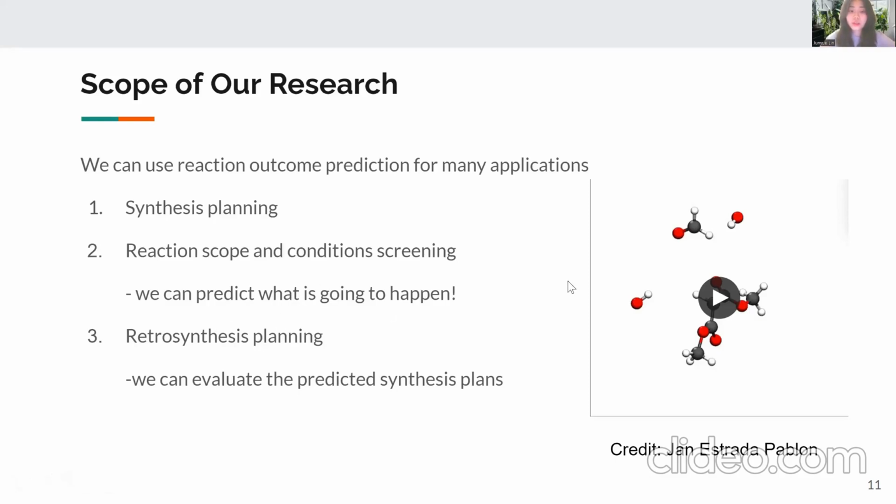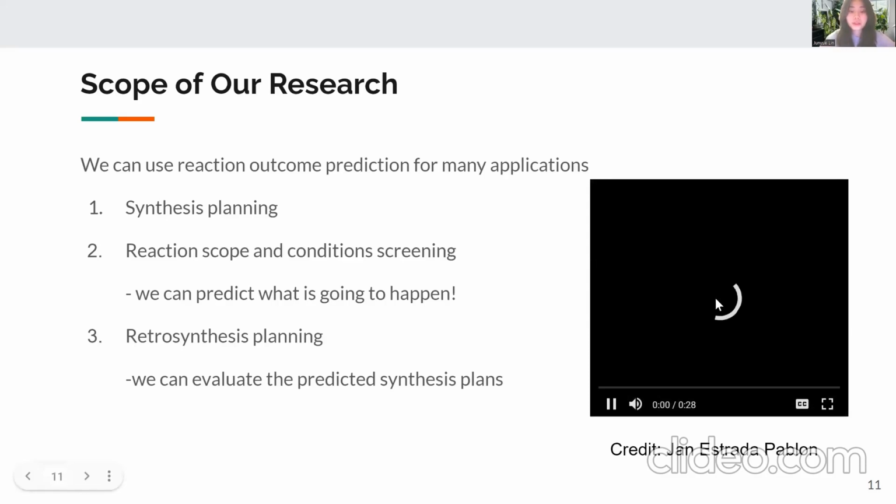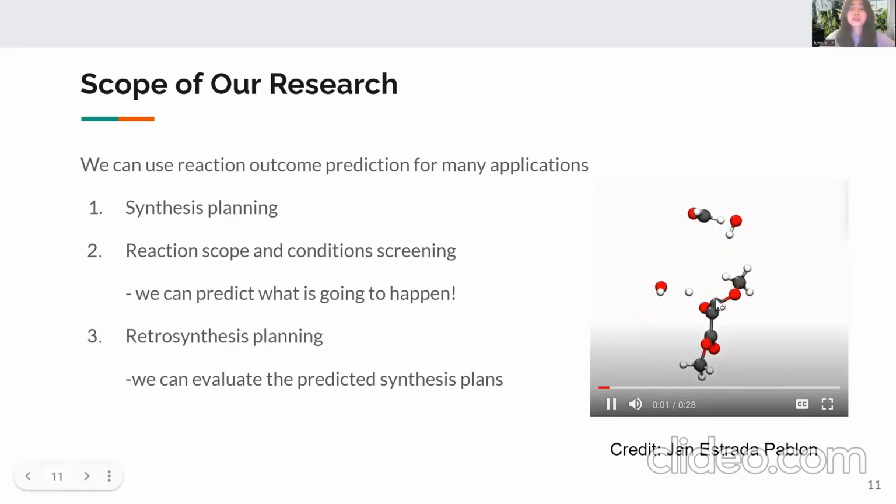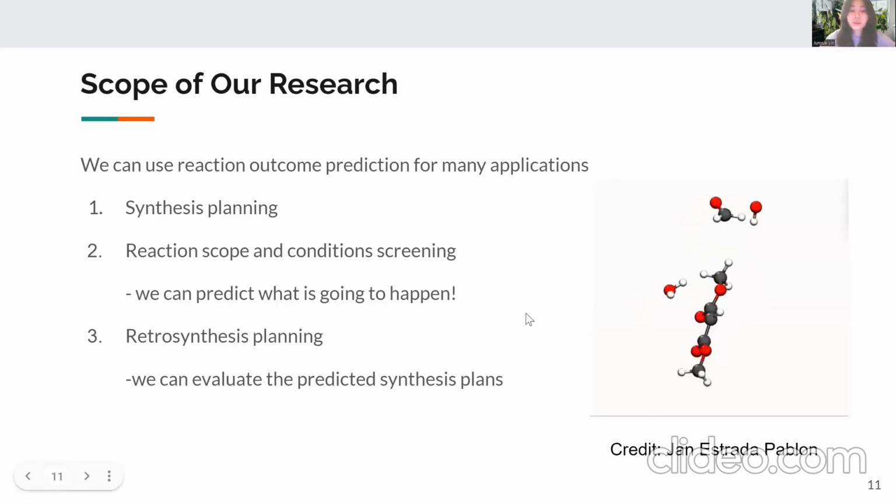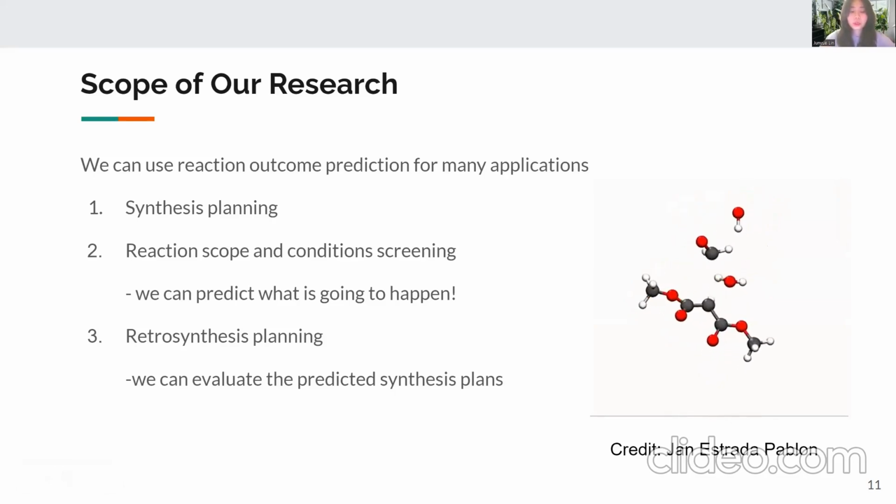Here's a short video for us to better visualize mechanisms in the pot. As you can see, through the breaking and forming of bonds, the initial molecules are transformed into final products through a series of reactions. However, as we saw previously, the networks can grow very large, and we don't know which pathway is good.